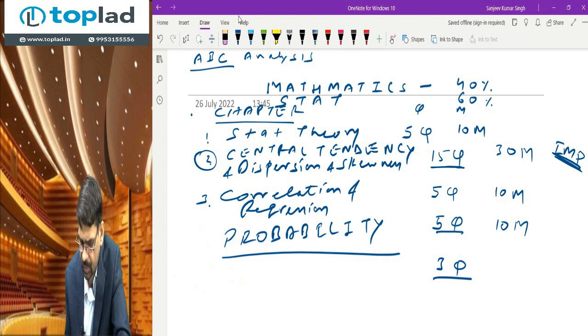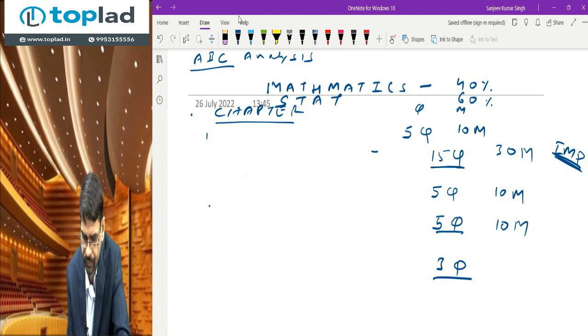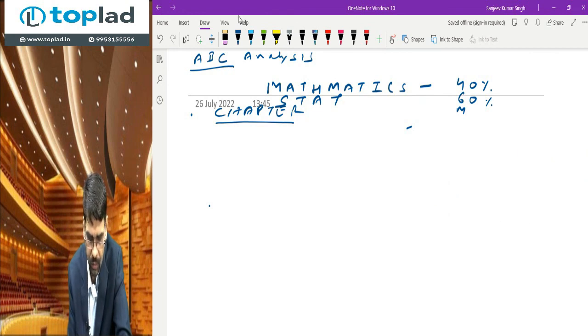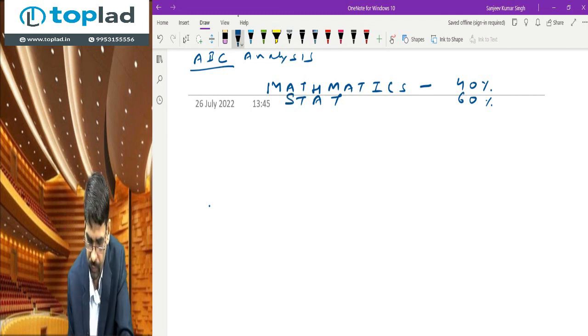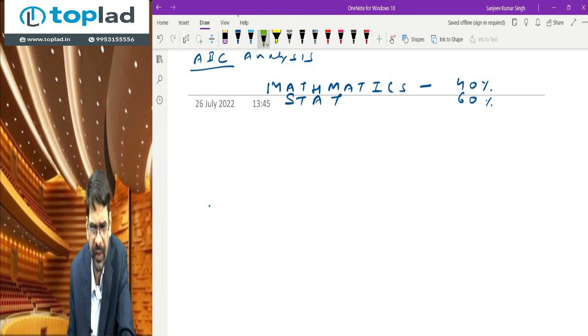Basic principle, just a minute. This is a simple funda, friends, a simple principle.